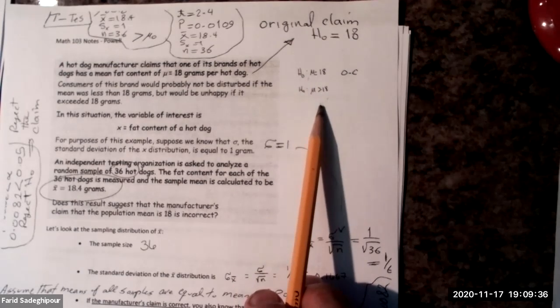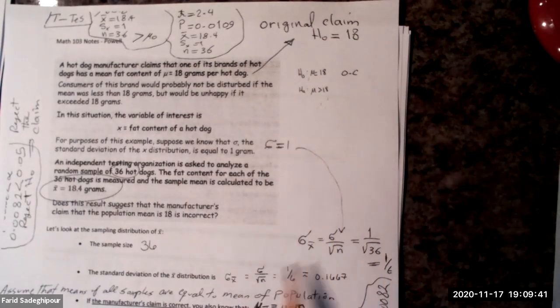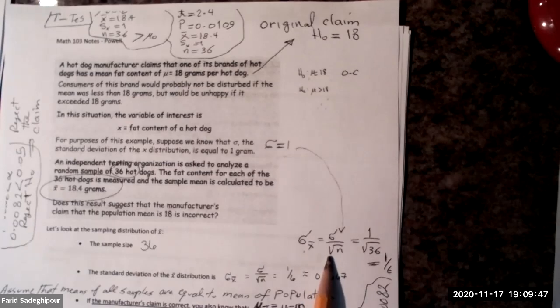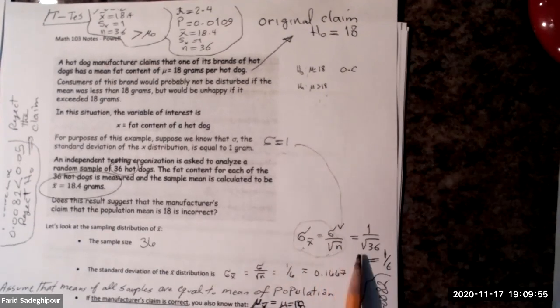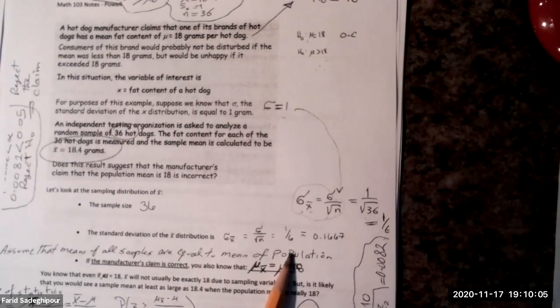Now, what they ask us to find is the standard deviation of the sample. The standard deviation is 1, but since n is 36, the standard deviation is found from this formula. You have to put radical 36 here. So the standard deviation of the samples is 1/6. The standard deviation of the X distribution is 1/6.